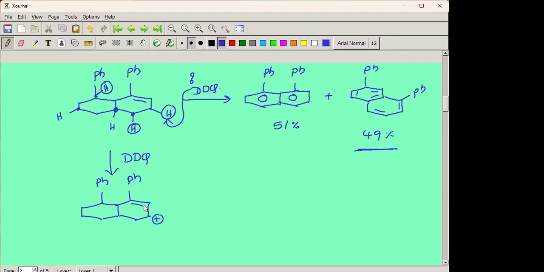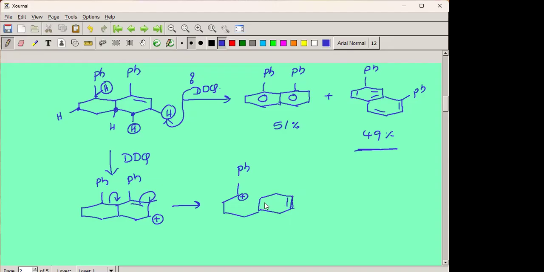Now what happened here, the delocalization is there, this will be delocalized and this bond will be broken. It will be broken here. Here we get the carbocation formation, and here a double bond formation, because negative and positive make a bond.